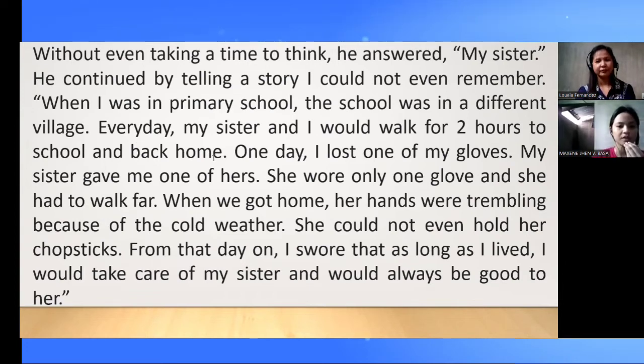She wore only one glove. She had to walk far when we got home. Her hands were trembling because of the cold weather. She could not even hold her chopsticks. From that day on, I swore that as long as I live, I will take care of my sister and will always be good to her.